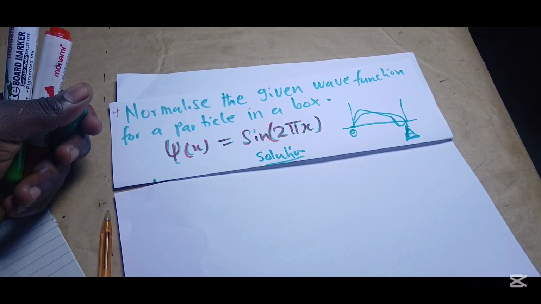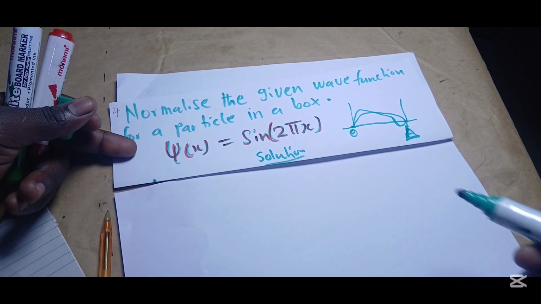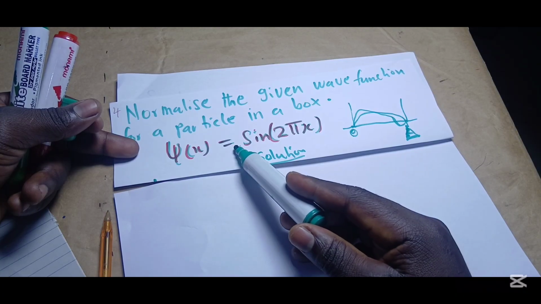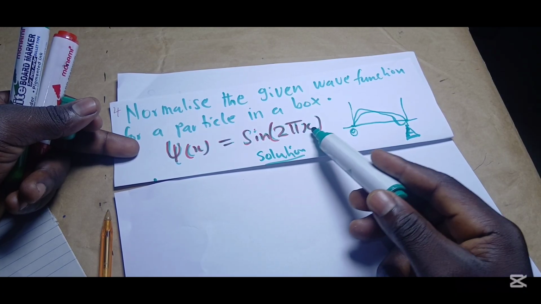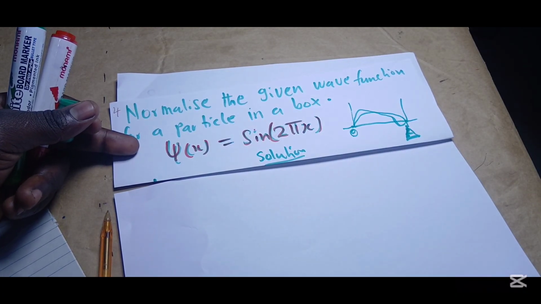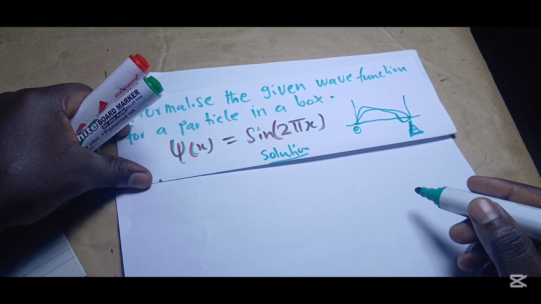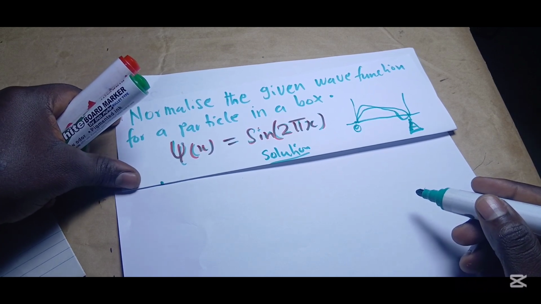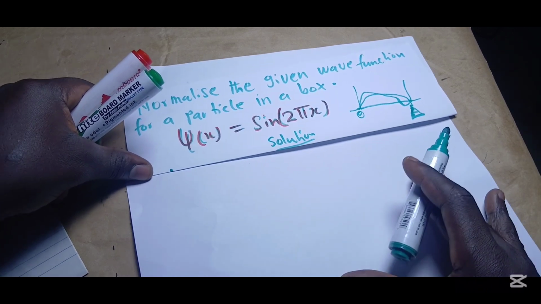Normalize the given wave function for a particle in a box, given that psi of x equal sine 2 pi x. So this wave function psi of x is not normalized, and we want to normalize it.